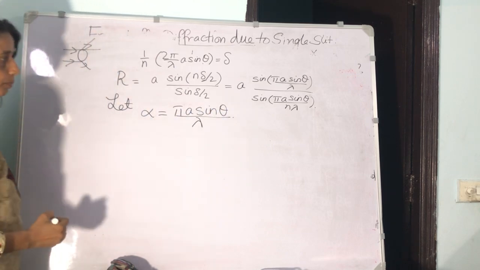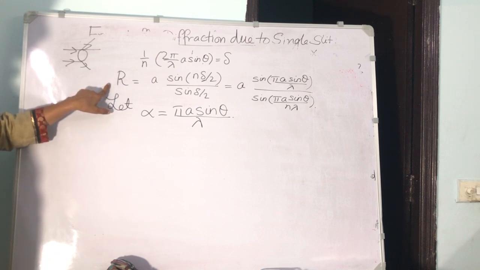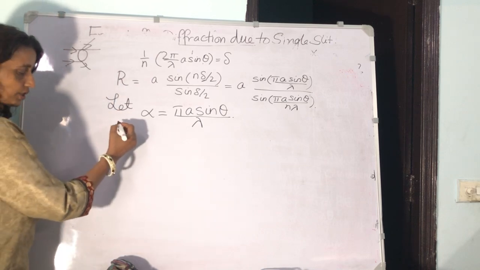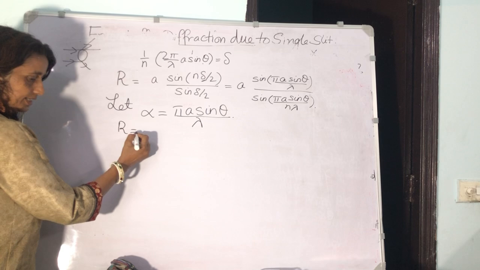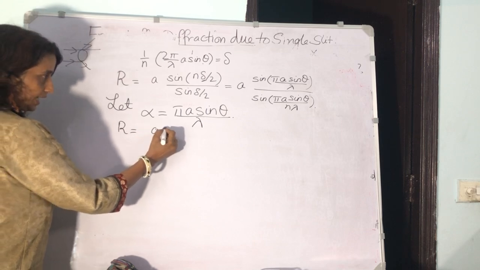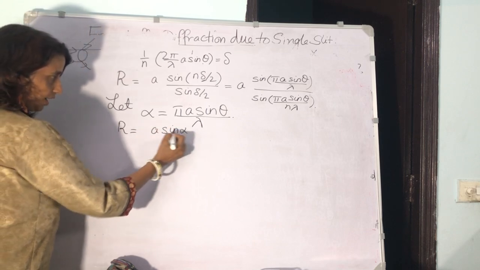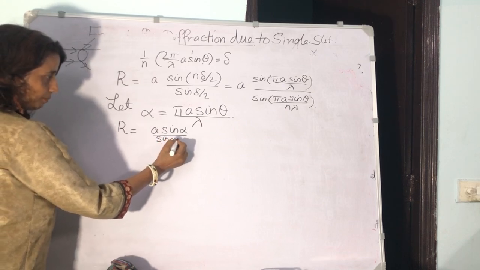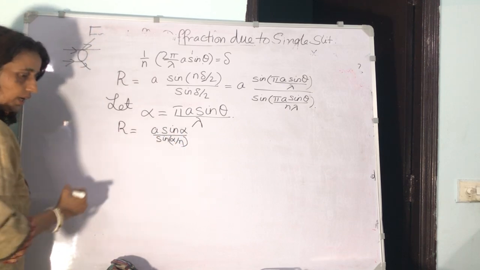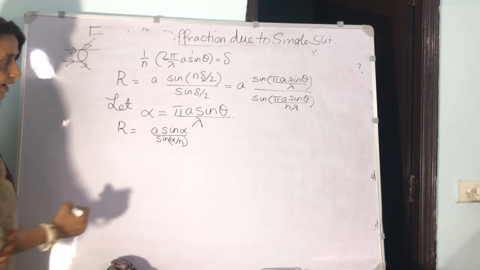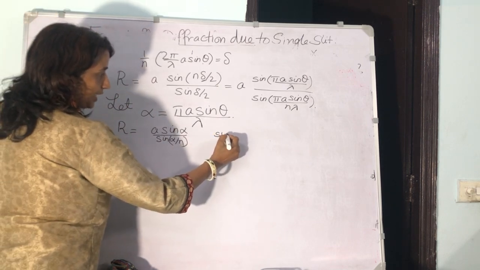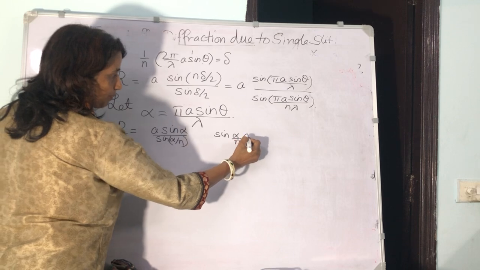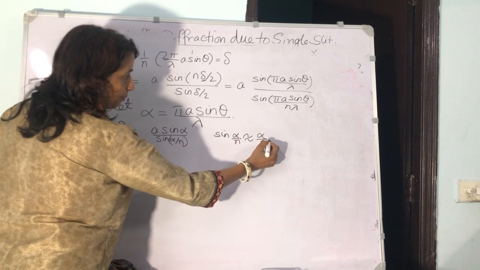So when we put this value of alpha here, the expression becomes R is equal to a sine alpha divided by sine alpha by n. Now n is very large, so we can assume sine alpha upon n tending to alpha upon n.